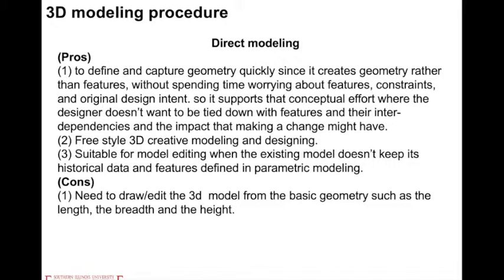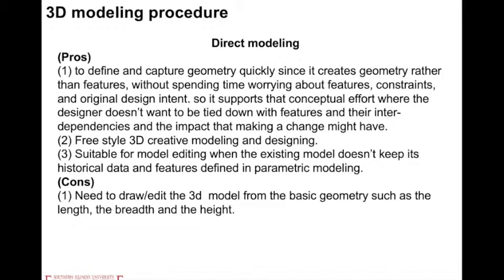It's also suitable for model editing when the existing model doesn't keep its historical data and features defined in parametric modeling. For example, I create a wall in Revit, then I export this model, and during the exportation I lose all the information related to the object, just the geometric shape.